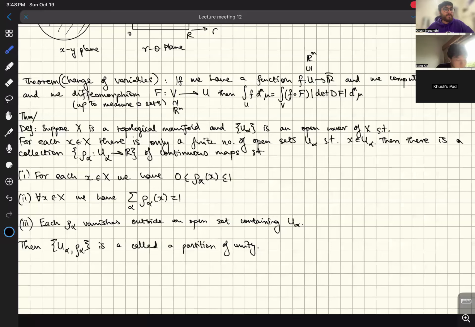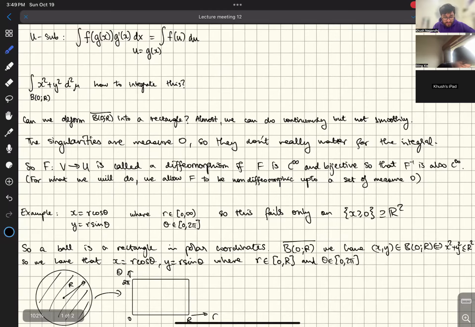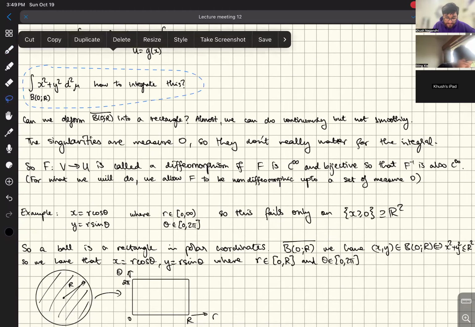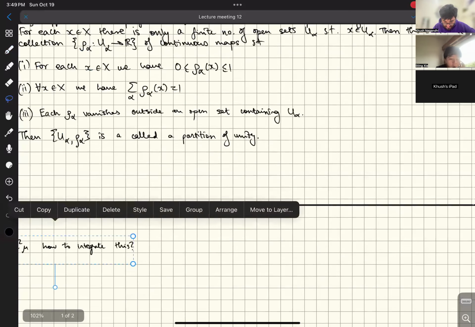Okay. Partitions of unity are used in the proof of the change of variable. So let's see how we can use the change of variable to now integrate this guy.